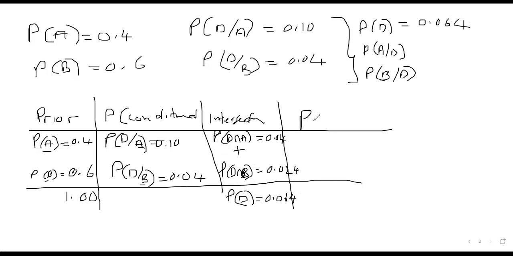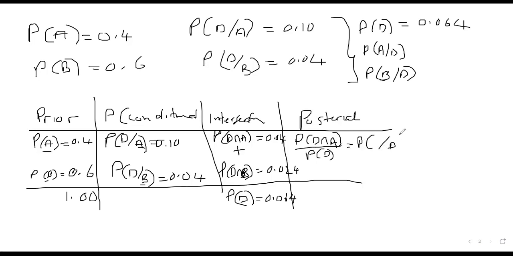Then the last part is called the posterior probability. Whenever you're dividing an intersection, for instance, probability of D intersection A divided by probability of D, the letter that is down is the letter that will be down in the conditional probability.